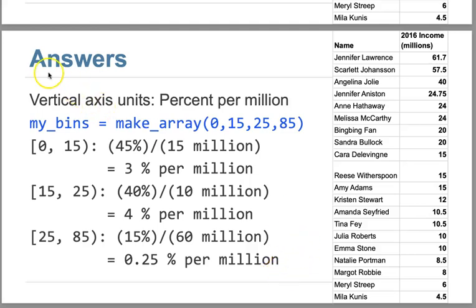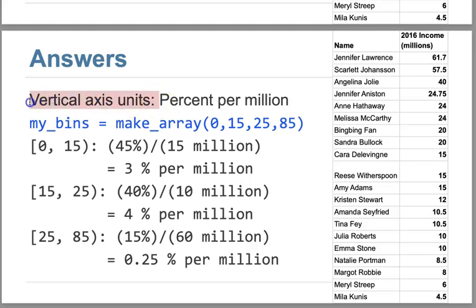Here in the answer, they do compute the percentage for you. They made the groups: one group, two groups, three groups, and put the numbers into the intervals. You can do that, and then you really get the percentage for each bin. But the question itself only asks for the unit.